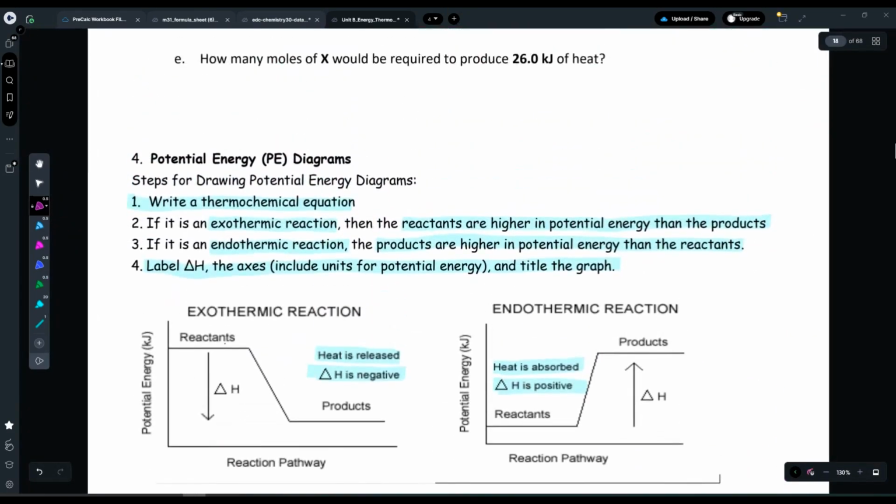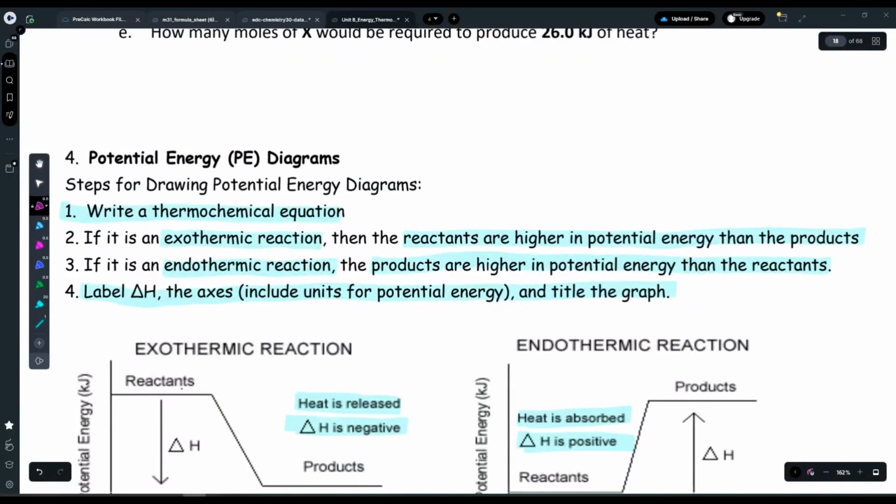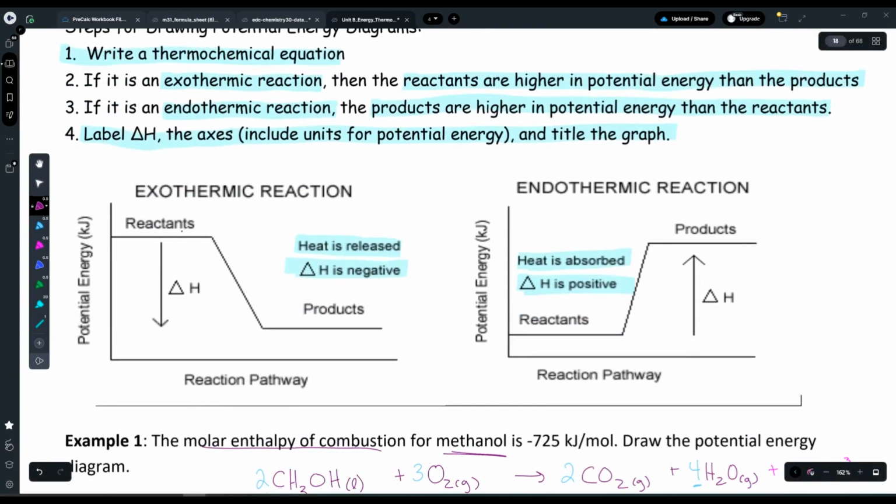Okay, and then you need to figure out, is it an exothermic reaction or an endothermic reaction? That's going to tell you whether to place your change in enthalpy on the reactant side if it's endothermic or the product side if it's exothermic. And then you can use that to draw your potential energy diagram when you have figured out if it's an exothermic or endothermic reaction, and then make sure to fully label your diagram.